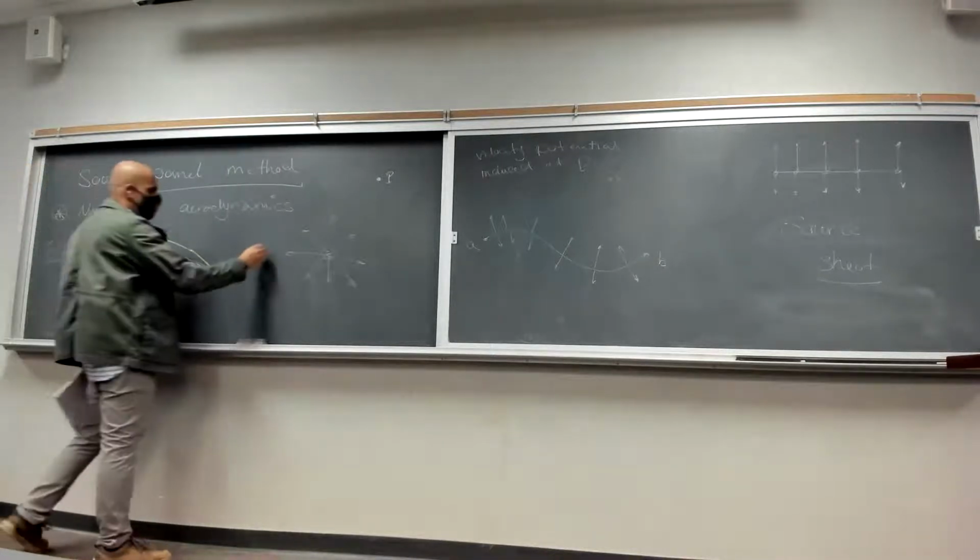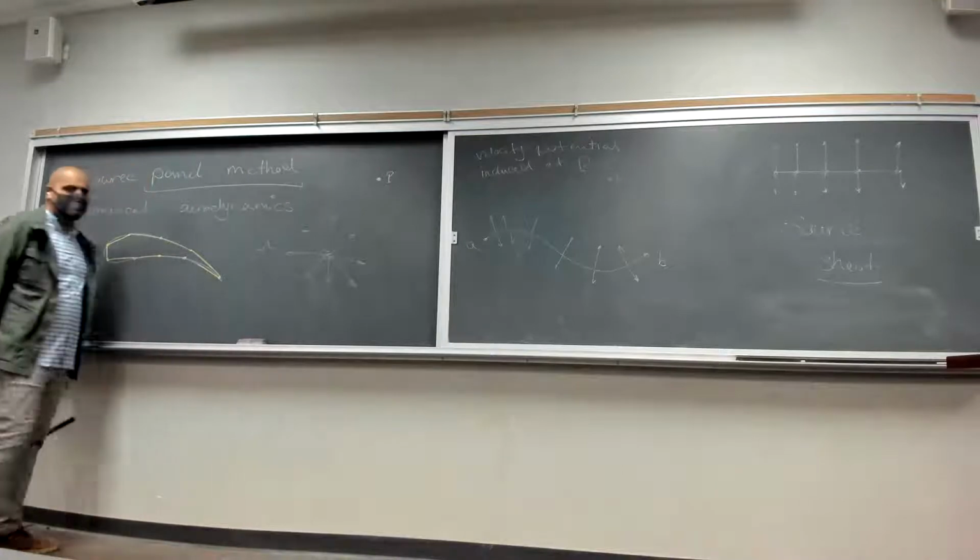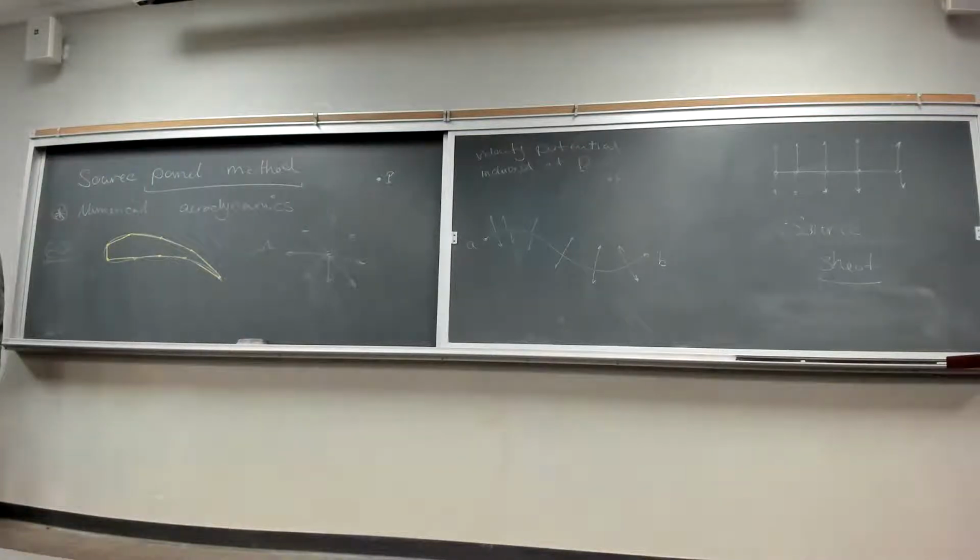The strength of this source is lambda. Go back to your notes and tell me what the induced velocity potential at point P is.